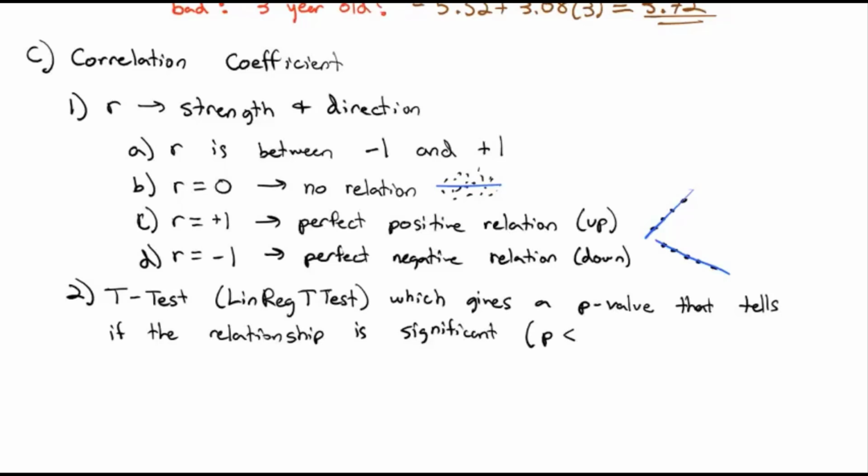A p-value less than alpha of 0.05 will mean that we have a significant relationship.